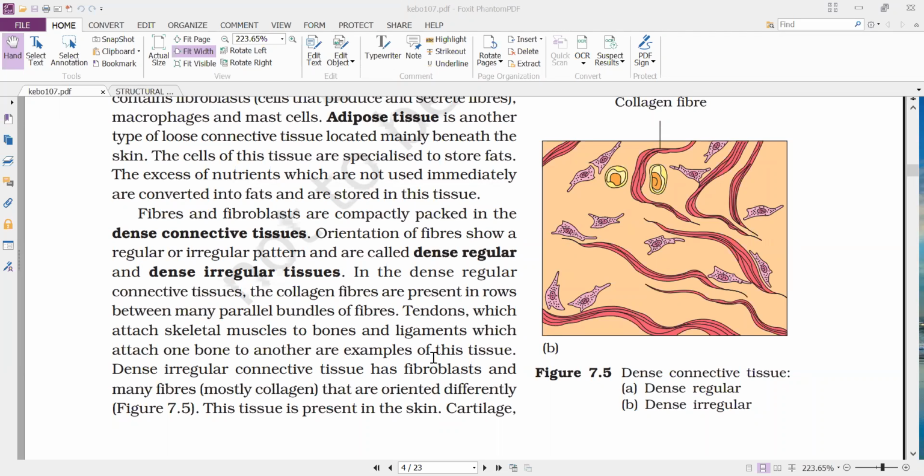At the same time, when you observe the long bones, the ends of the two long bones are joined by another dense regular connective tissue called the ligament. A ligament joins one bone with another bone, whereas the tendon joins the skeletal muscle with the bone with the help of the dense regular connective tissue.